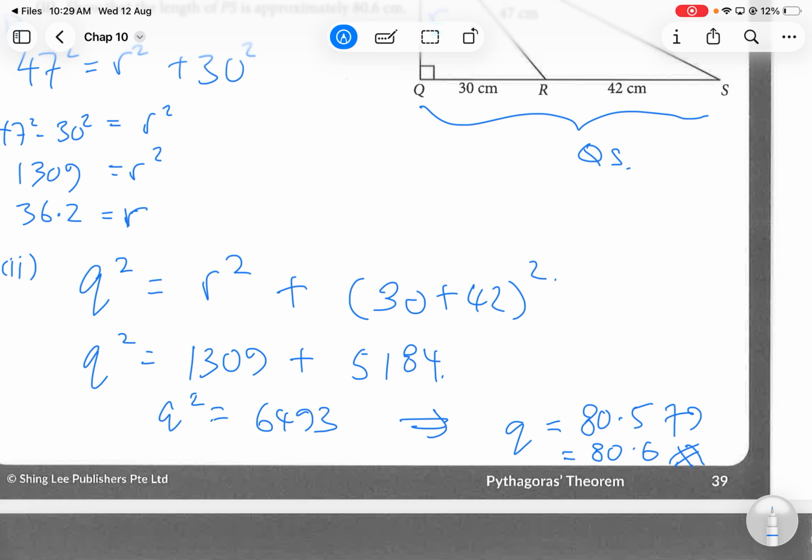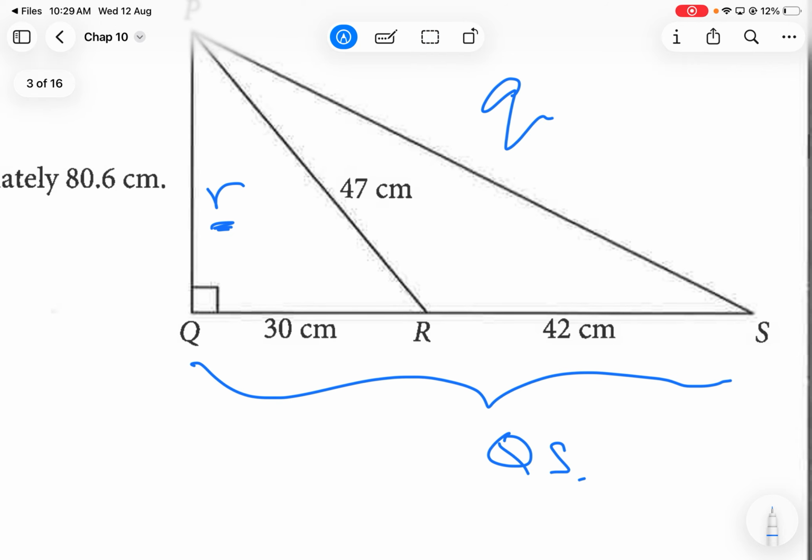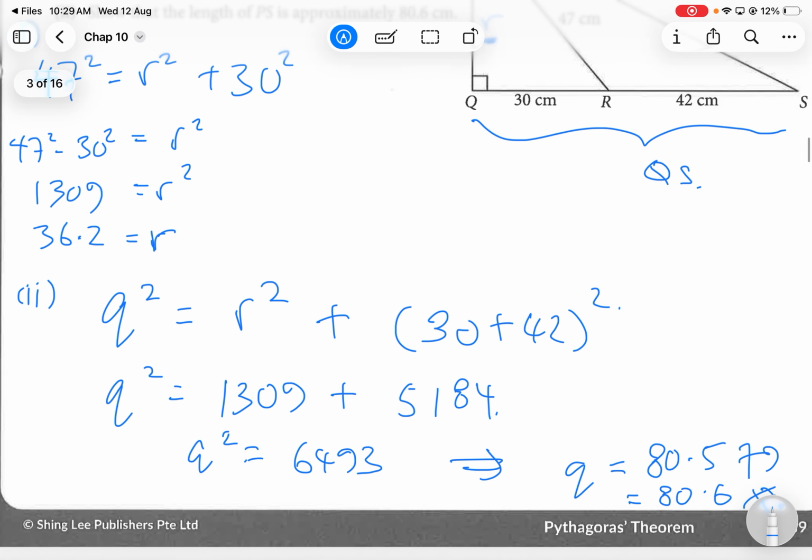Nothing wrong if you go and find C first, then later you square. But like that will make you look smarter, and it makes your final answer more accurate.